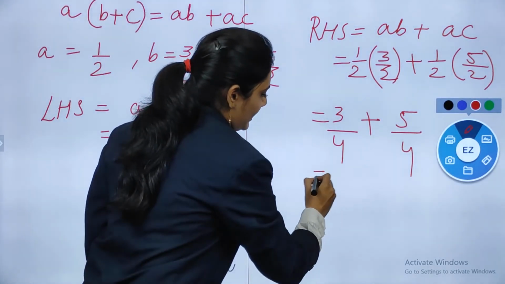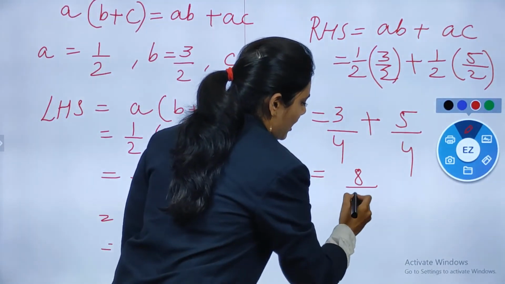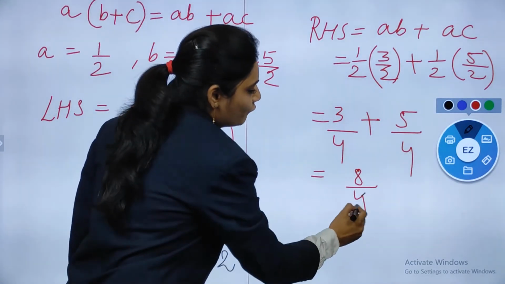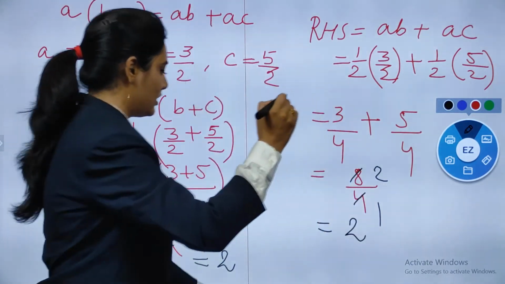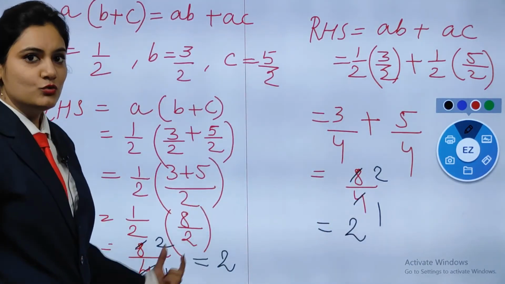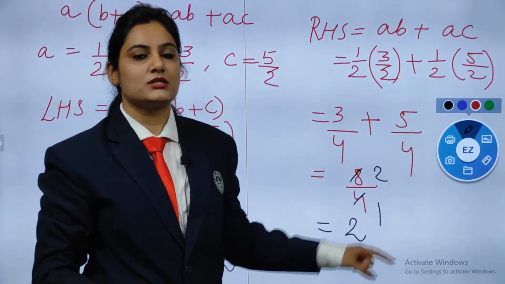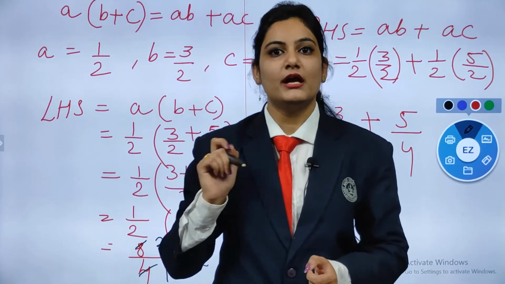Here it is the same, so directly you can add. 5 plus 3 is 8 upon 4. Now to simplify, 4 ones are 4 and 4 twos are 8, so the answer is 2. Now see children, the LHS answer is 2, the RHS answer is 2. So LHS is equal to RHS. So this is the distributivity of multiplication over addition.